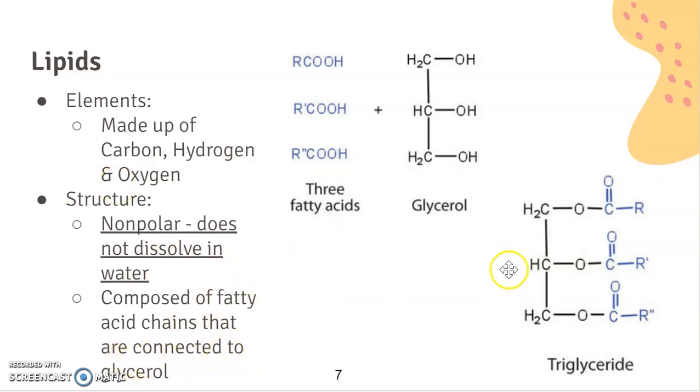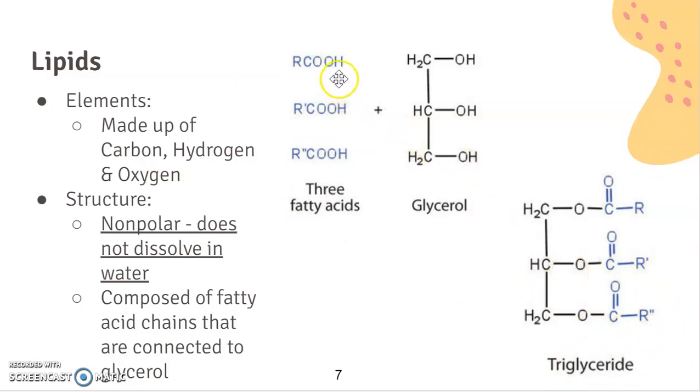So all of our other macromolecules only have one monomer and one polymer. Lipids is cool because it's made up of two monomers. All right. The first monomer is a fatty acid, and the second monomer is a glycerol. So whenever we take these together and we combine them, that makes a triglyceride, tri meaning three fatty acids and a glycerol. It makes a triglyceride, which is the polymer.